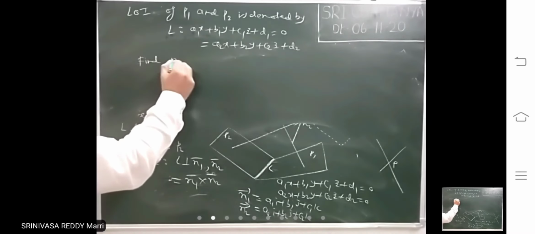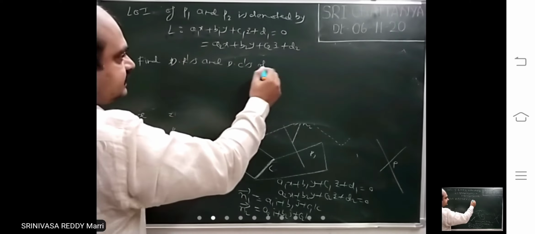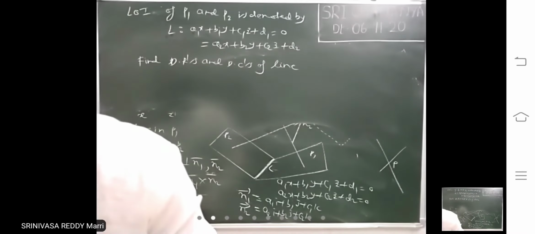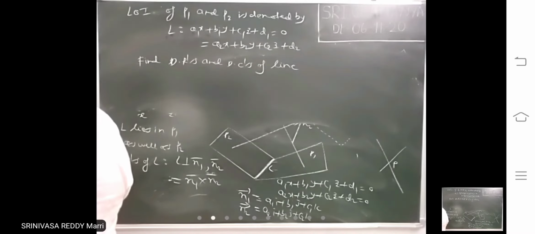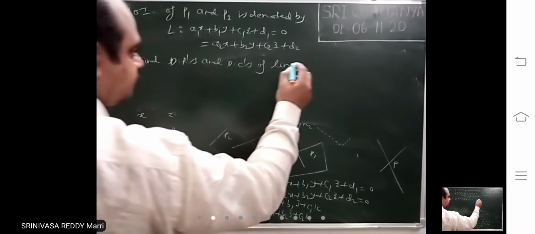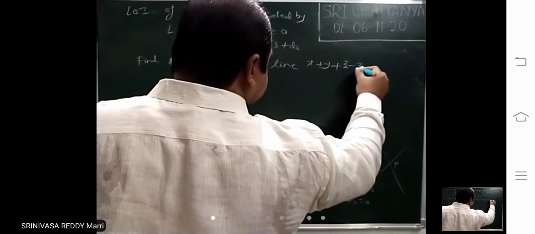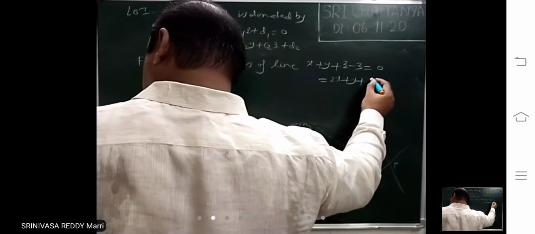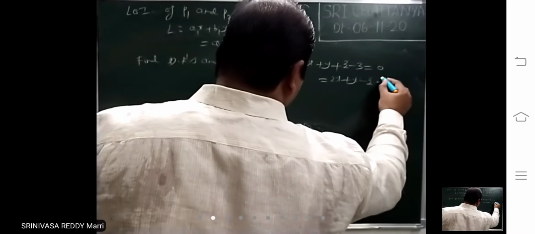Find the DRs and DCs of the line. He will give it like this: x plus y plus z minus 3 equal to 0, equals 2x plus y minus z plus 4 equal to 0.